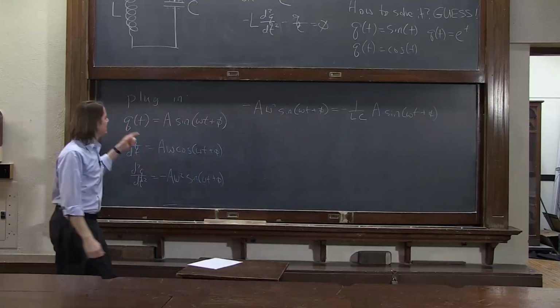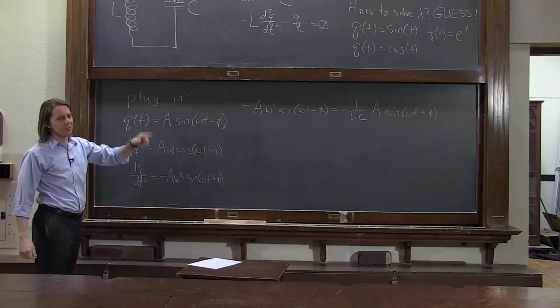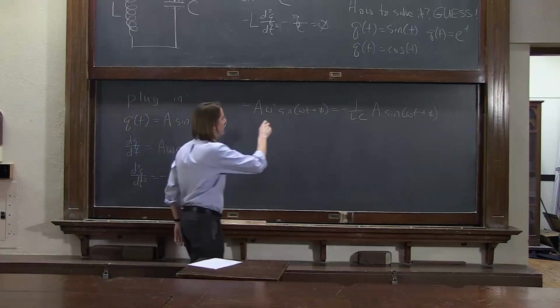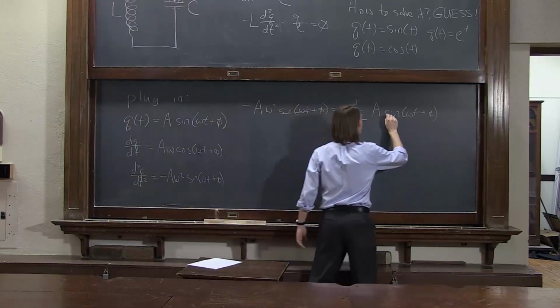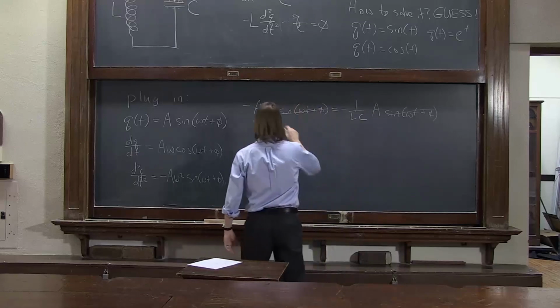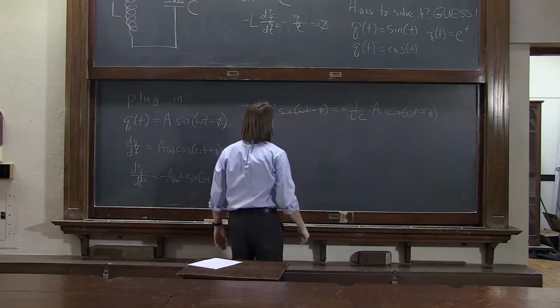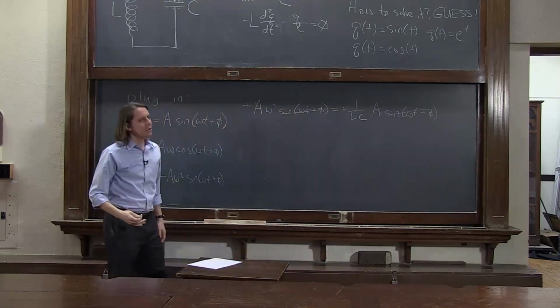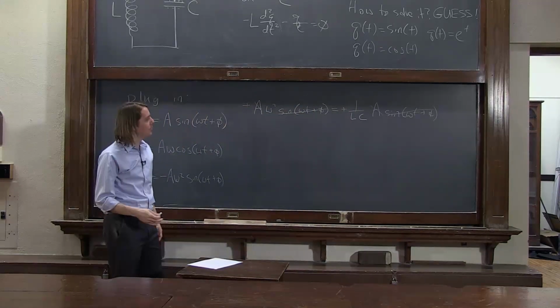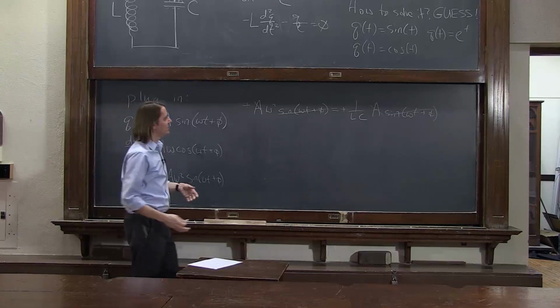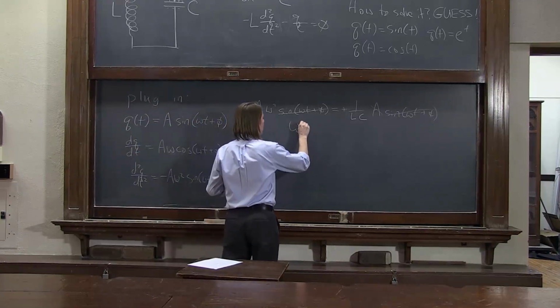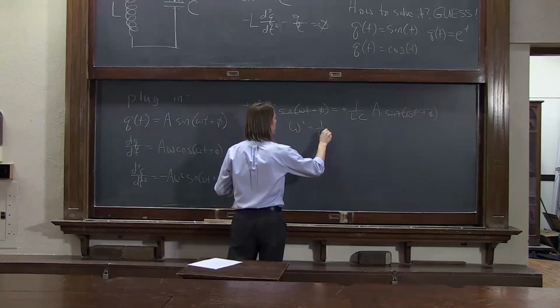So basically, if this guess is correct, that has to be true. Okay? Well, you can see stuff cancels out. The sine cancels out. That's nice. This amplitude cancels out. The two negatives go away. And what this is telling you, the equation is talking to you. You say, is this a good solution? The equation says, yes, if omega squared is 1 over LC.